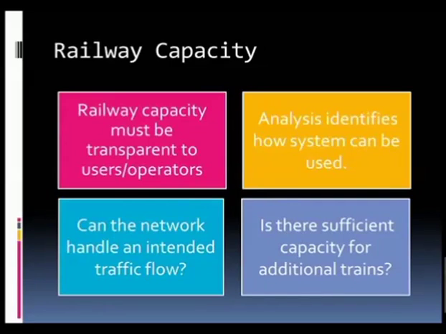So the two main questions that people ask when talking about railway capacity are: can the network handle an intended traffic flow? And is there sufficient capacity for additional trains? What people would like is a transparent way to understand capacity, an approach which is easy to understand and to apply.